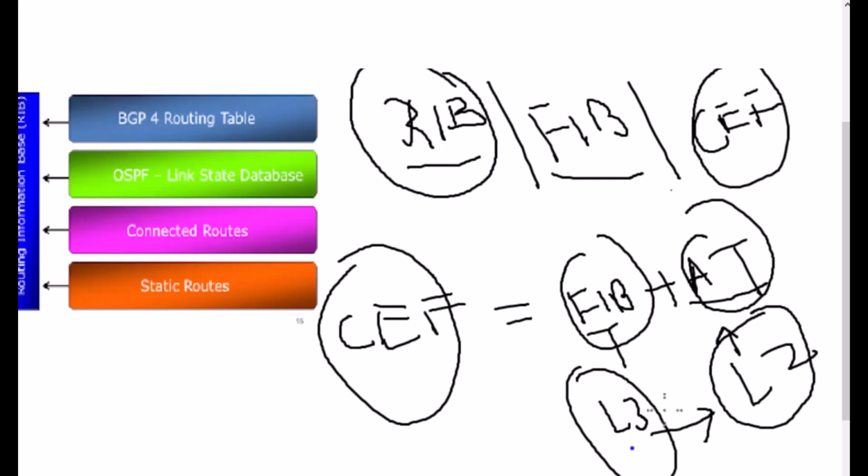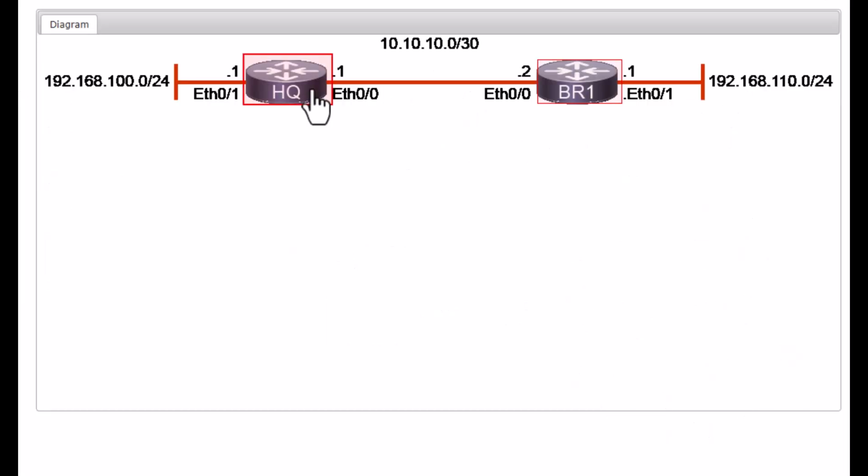FIB gives you the layer 3 information, the next hop address, and you need to know the egress interface to forward the traffic. For that, you need the adjacency table. So let's go to the real lab and look at how Cisco builds its adjacency table.